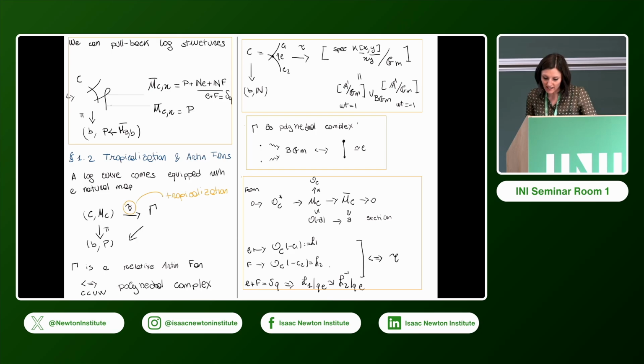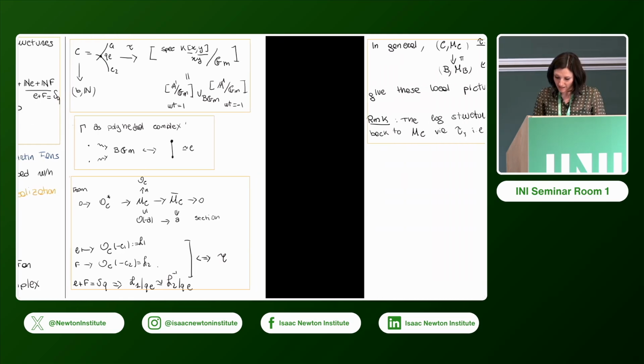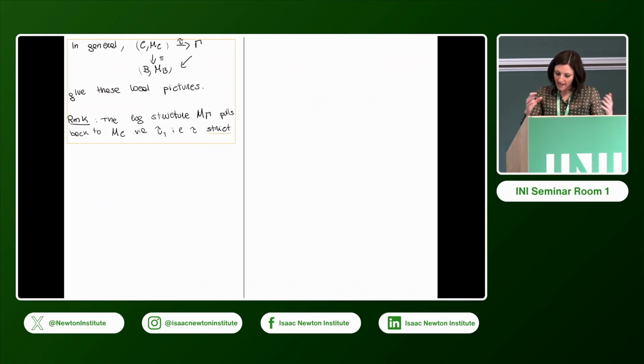And that's how I get my tropicalization map. And this is all very natural, so it can be glued over the base for all types of tropical curve you would like to take. But in the end, let's keep in mind this one example, because this is really the one which makes us understand something.